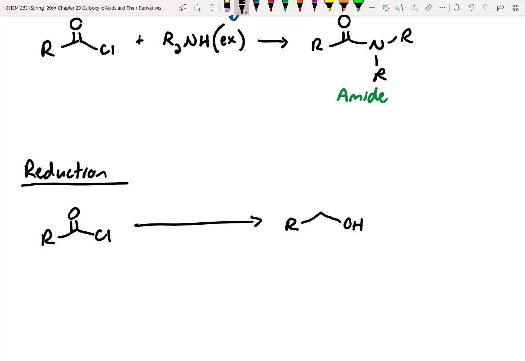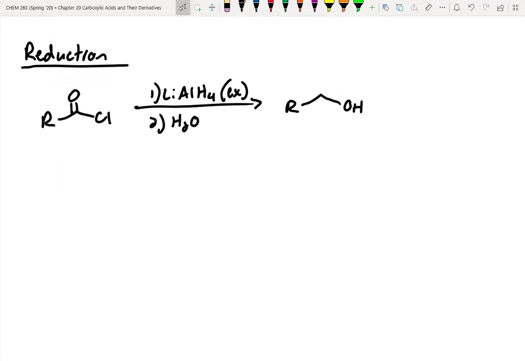Well, in this case, it looks pretty similar to a reaction we saw last term, where we're just trying to reduce this C=O double bond. And if you recall, we need a strong reducing agent to do that. So in this case, we could use LiAlH4, that's lithium aluminum hydride, in excess, followed by water workup.